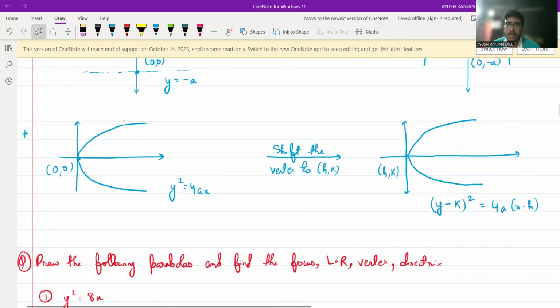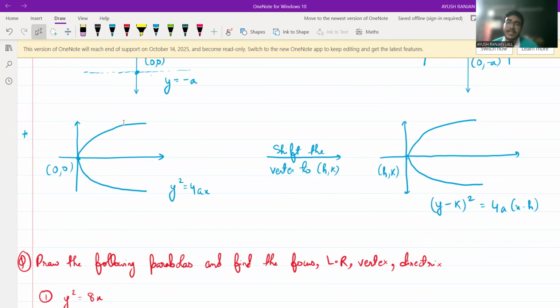Next, we have shifted the point to some other point, which means we have shifted the graph to some point h comma k. So what will happen? All the coordinates will get transferred to h comma k. Why?